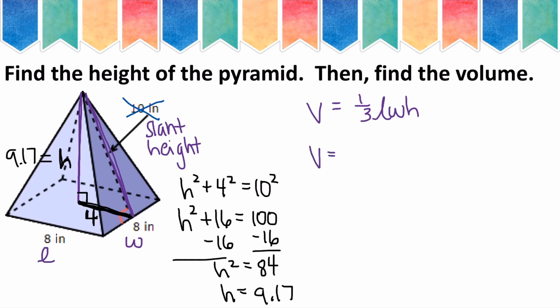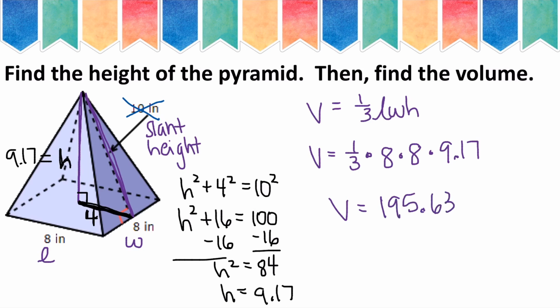So I will do 1/3 times 8 times 8 times 9.17, since my length is 8 as well as my width, and my height is 9.17. I get approximately 195.63, and I label the volume inches cubed.